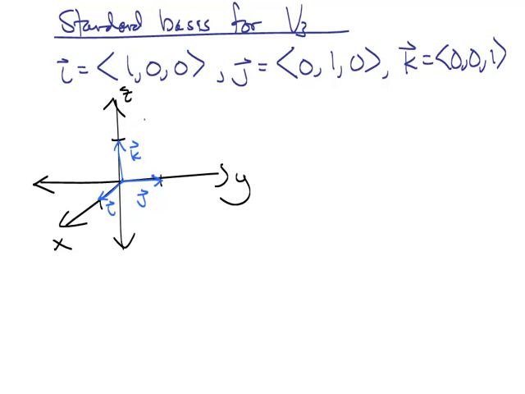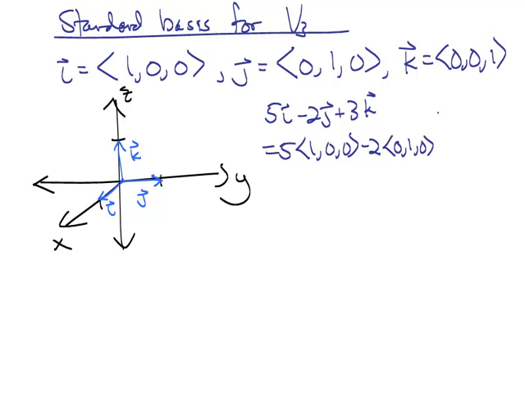Now, what's nice about this is that we can represent any vector as a linear combination of these three things. So if I were to take, say, 5 times i minus 2 times j plus 3 times k, what's that equal to? Well, 5 times 1, 0, 0, minus 2 times 0, 1, 0, plus 3 times 0, 0, 1.